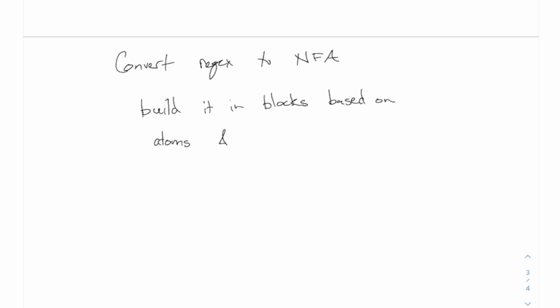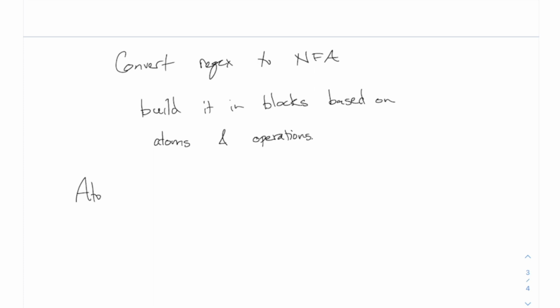atoms and operations. I don't know if you remember, the first day we talked about regular expressions, I said the structure of a regular expression is that it has atomic parts, which are basically just the individual letters, and perhaps the empty string. Those are called the atomic regular expressions. And then those things are combined together using the operations. So I'm going to describe how you convert each of the atomic expressions to an NFA, and then how you convert the operations to an NFA. Check it out. This is not so hard.